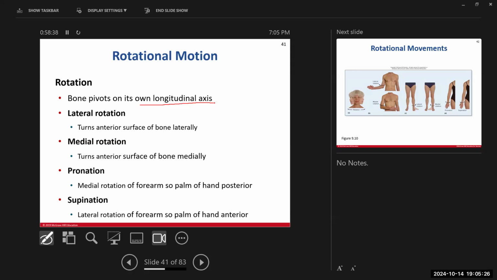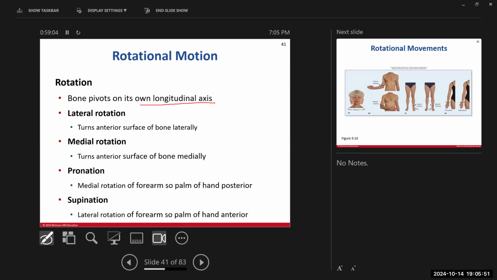If I want to do lateral rotation, that means I want to turn the front part of my bone out. This is an example of lateral rotation, me doing this. See the front of that bone is turning laterally. And then medial rotation would be bringing it in, so the anterior surface turns in.